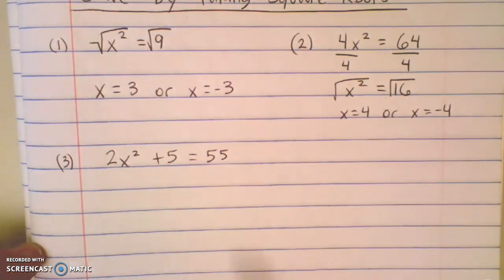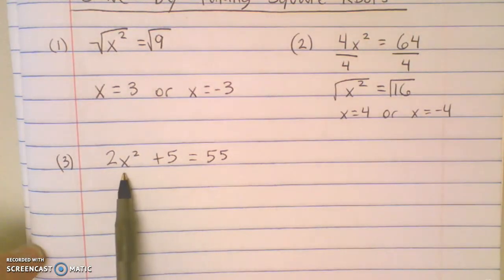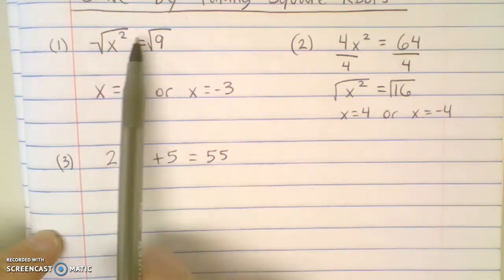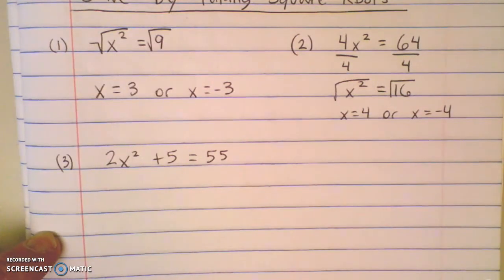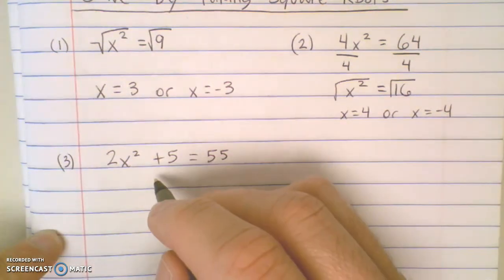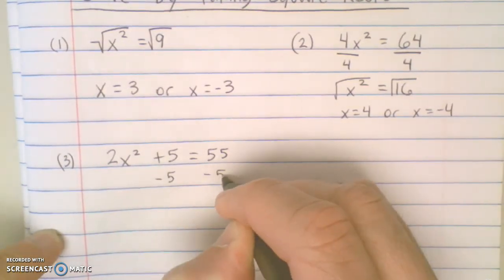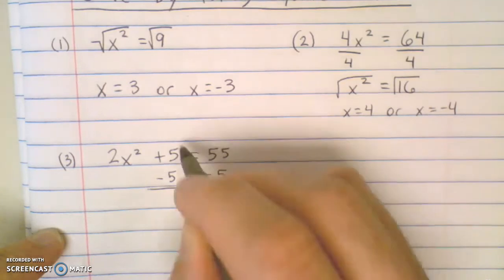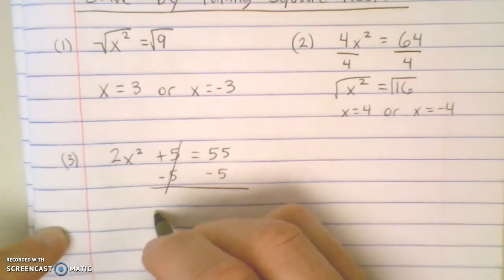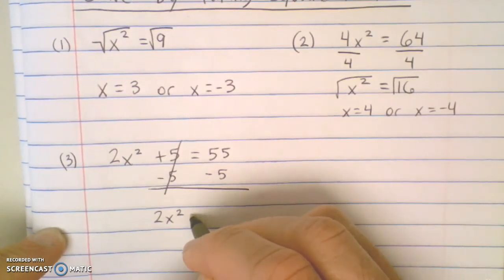All right, so I want to solve this by undoing and getting x squared by itself. I want to turn it into this type of equation so I can just take the square root. So I have to undo what's happening to this x squared. So the first thing I would want to do is subtract 5 on both sides. Because now this cancels out, and I get 2x squared equals 50.